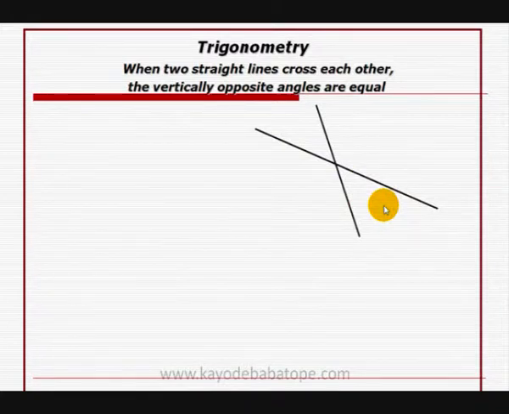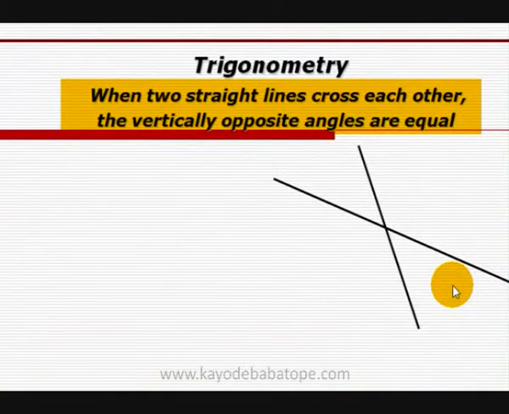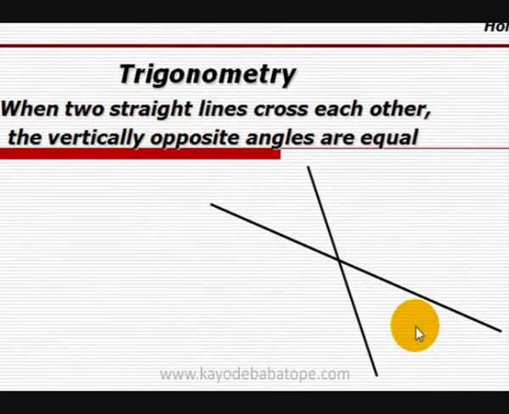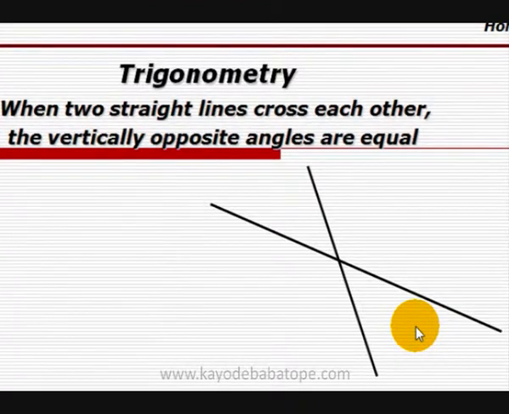Now, another review point. When two straight lines cross each other, the vertically opposite angles are equal. When two straight lines cross each other, as shown on the screen, the vertically opposite angles are equal.